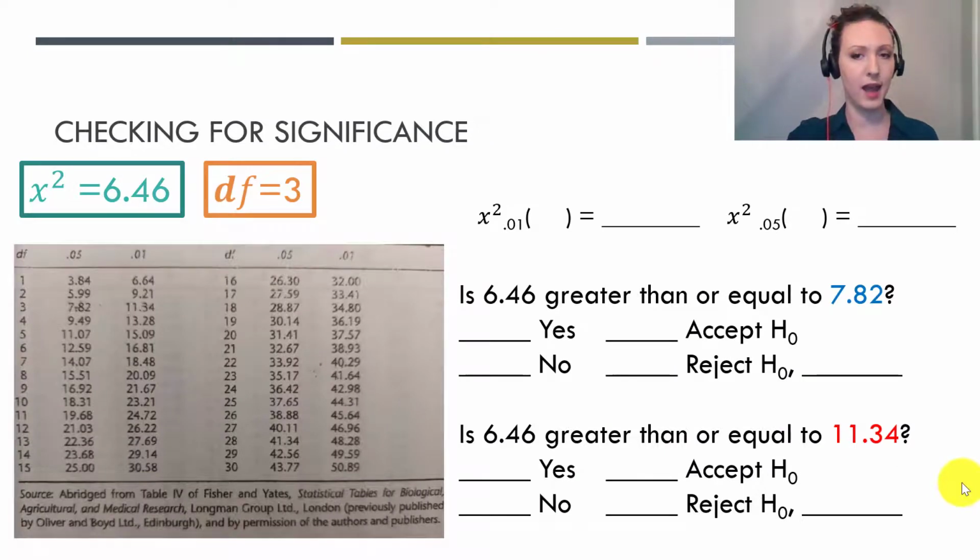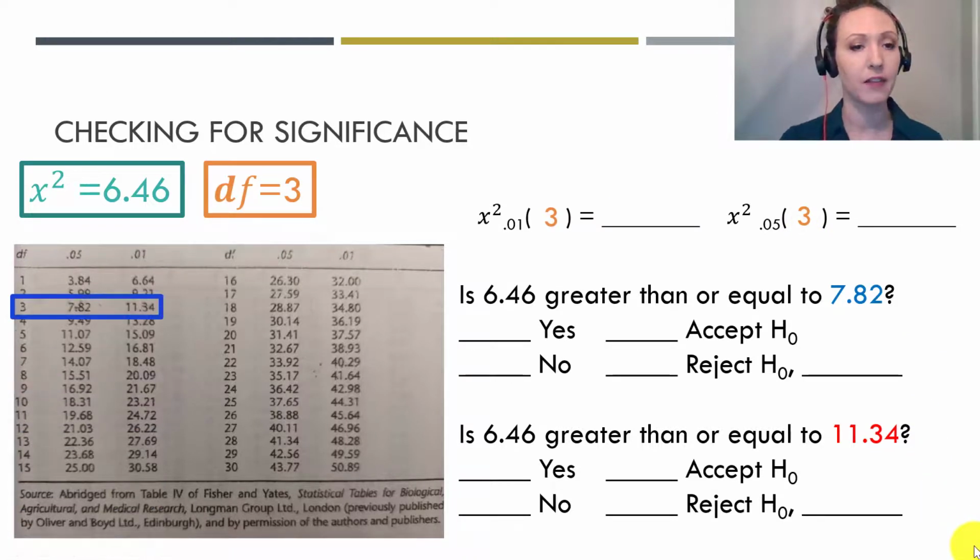All right, now that we've gone ahead and determined our final chi-square value and our degrees of freedom, we can go ahead and check for significance. So we're going to plug in our degrees of freedom here, as we usually do. And then we're going to use our table here on the left to find our critical values.